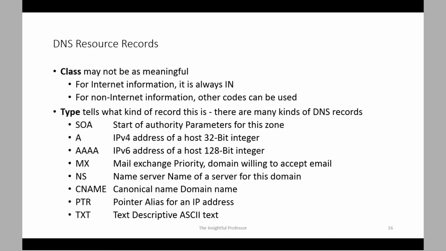And we provide a list of them here. A few of them that might be interesting would be A, where A is an IPv4 address, AAAA indicating an IPv6 address, MX indicating a mail server, and NS indicating a name server.